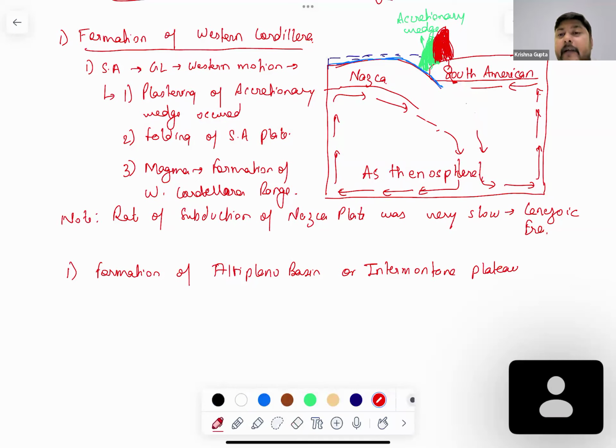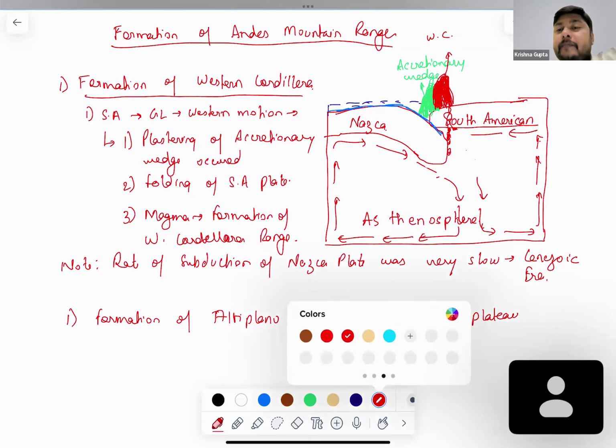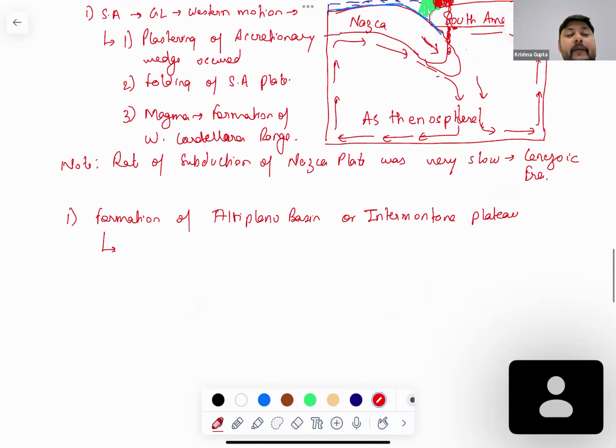So what happened in the earlier part? Here we'll be seeing that there was formation of magma, and it resulted in the formation of the Western Cordillera. Now, as the plate subducted more, there was more subduction of the plate.